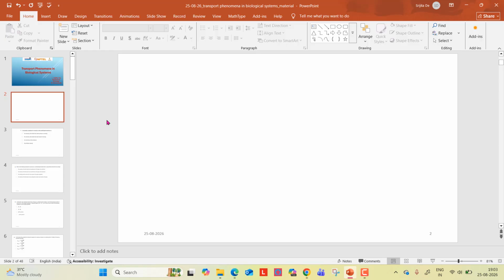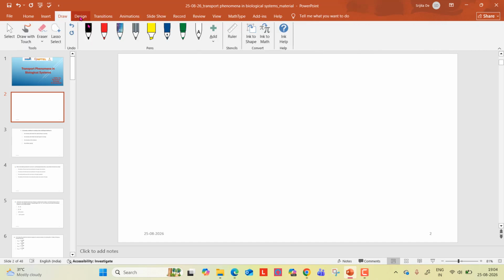So the velocity profile in a pipe flow, laminar flow in a circular pipe, we will be doing this.